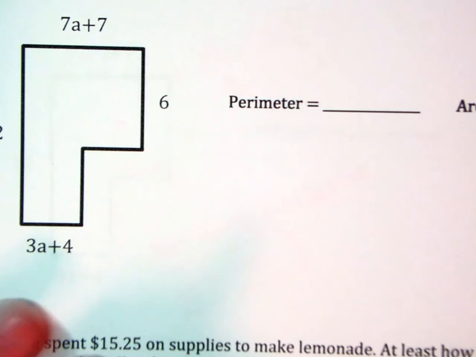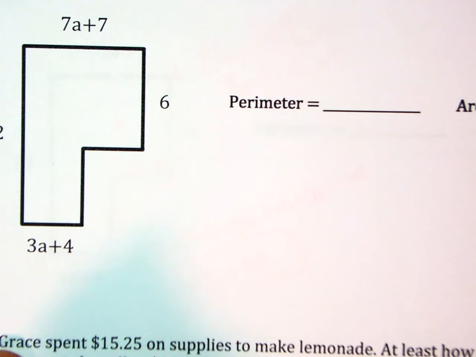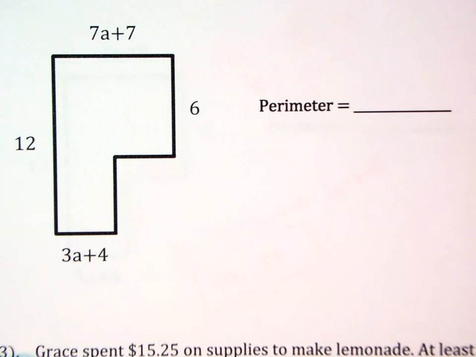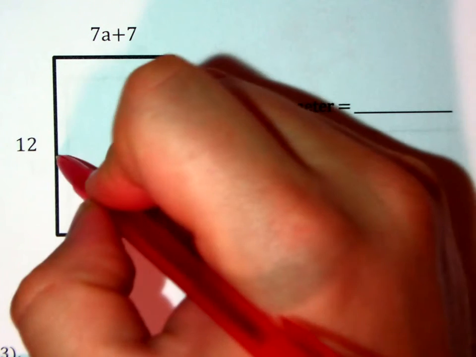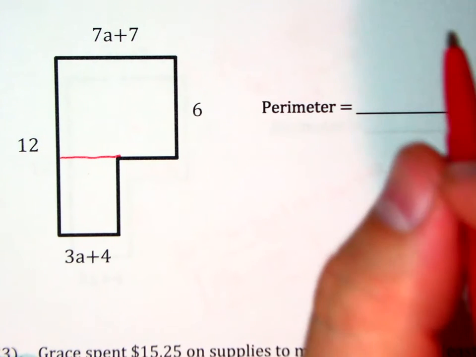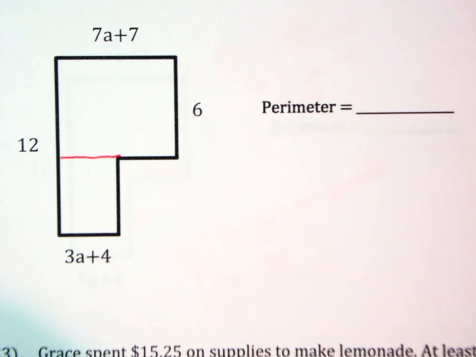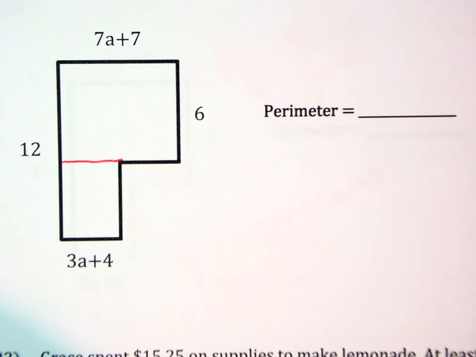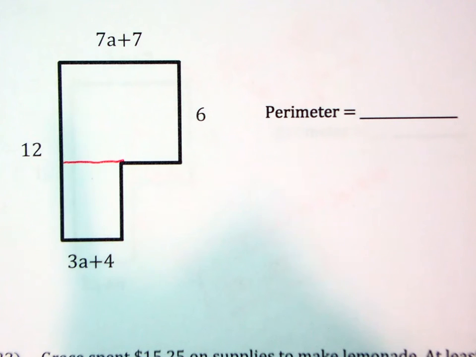Now for the area, I'm going to work on a clean sheet. You obviously probably don't have a clean sheet, so you'll want to potentially use a separate sheet of paper so that you're keeping some of your work free from each other. Anytime we're finding area, it's required to break the shape up into rectangles or squares or shapes that we have equations that we can work with. And so here I'm going to break these up into two rectangles.